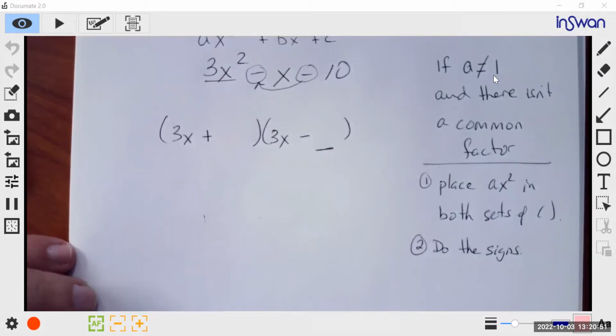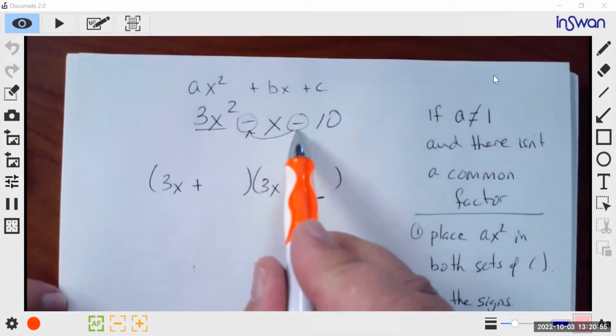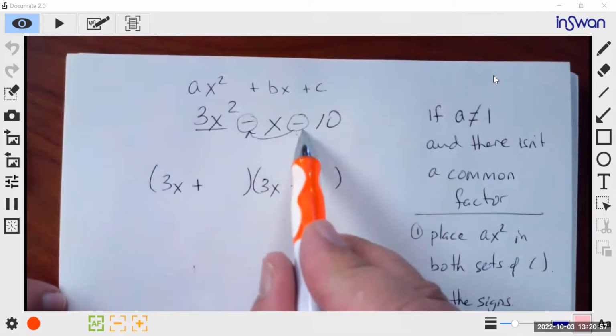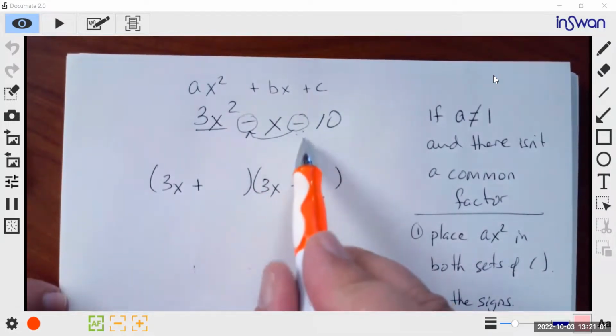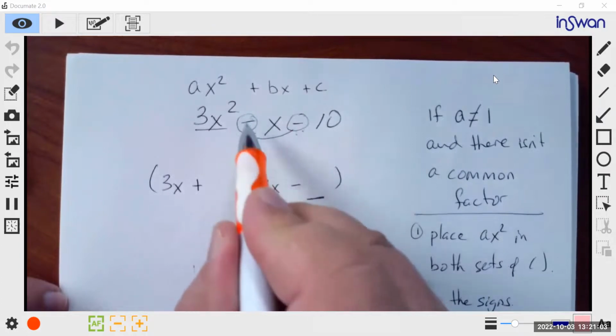Question? Whenever you do the signs, look at the second sign. If it's a minus, that means the signs are opposite. If it's a plus, they're both the same, and it's whatever the first sign is.